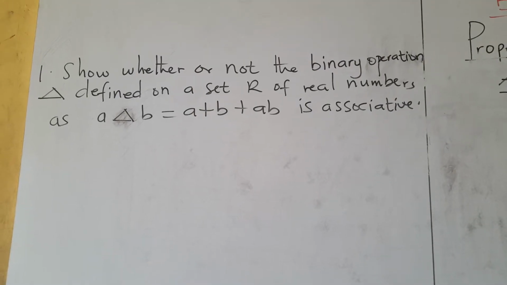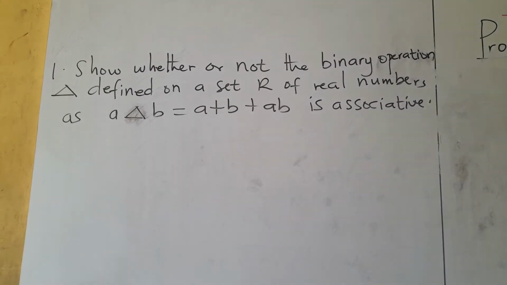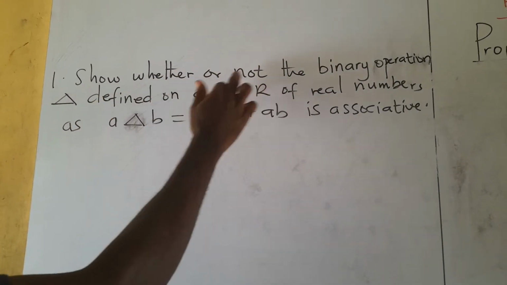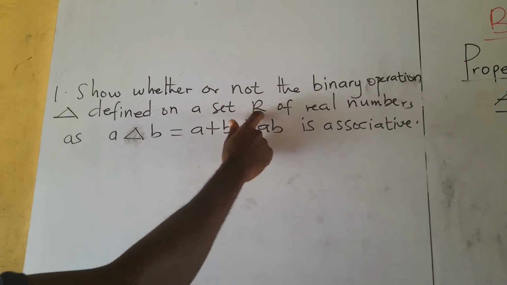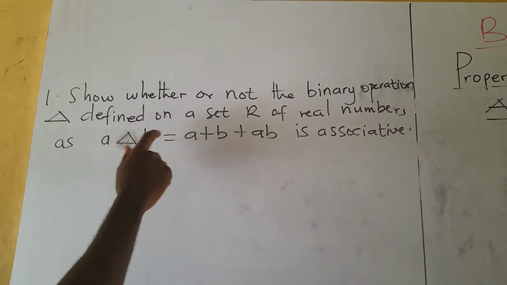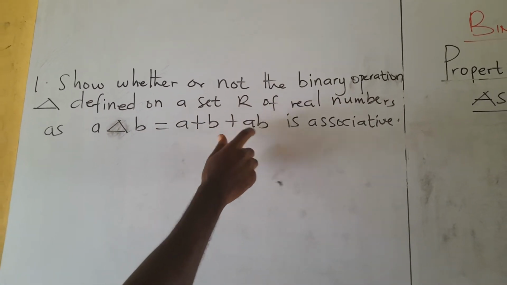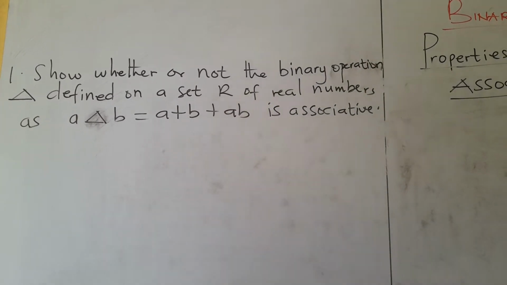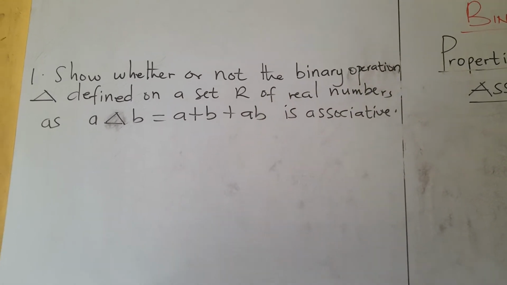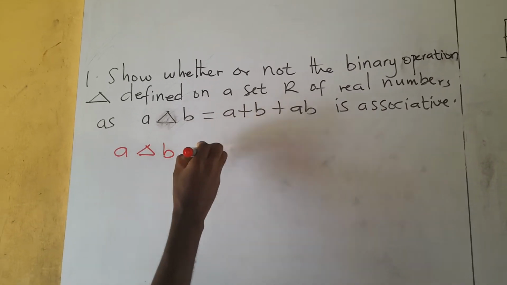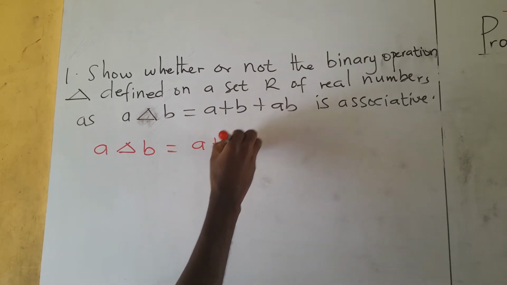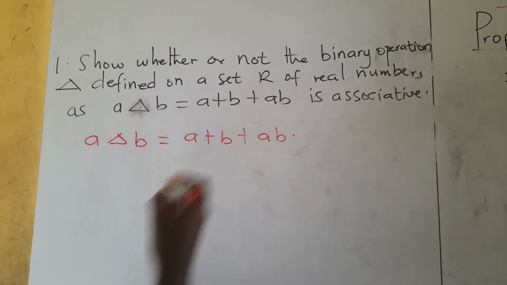So let's see our first question under the associative property. Show whether or not the binary operation delta defined on a set R of real numbers as A delta B equal to A plus B plus AB is associative. Remember we said A delta B is equal to A plus B plus AB.